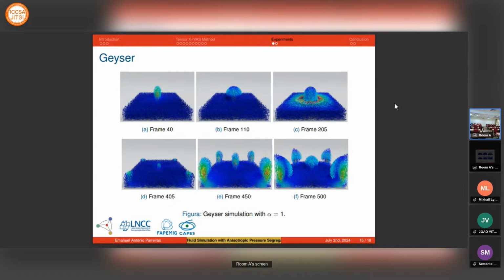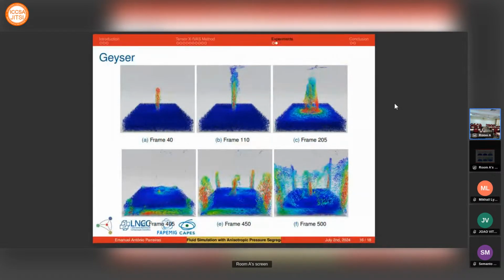You can see with the next frame, using alpha equals 0.15, we have less dissipation than the last. We have less dissipation compared to the last slide.